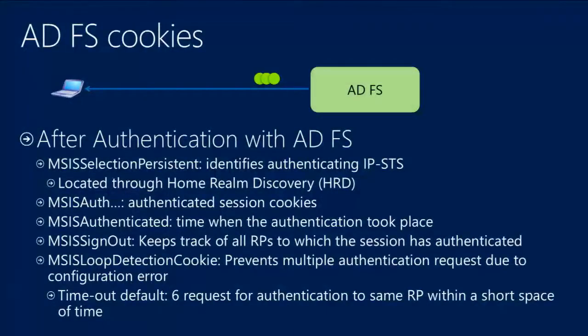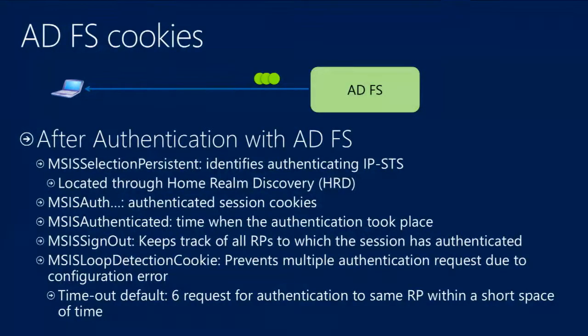Now, cookies. What's happened is we've gone up to the ADFS server and we've been authenticated by the ADFS server, and when we get authenticated, it gives us a whole raft of cookies. The first one up there, on successful authentication, it will give back an MSISSelectionPersistent, which is the home realm discovery.